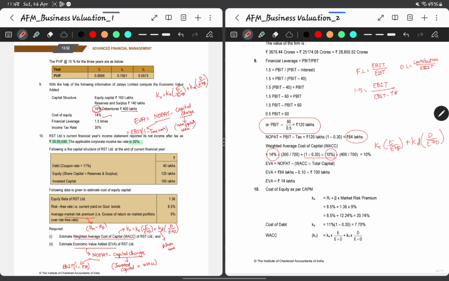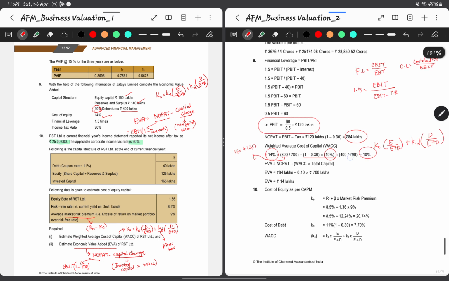So 10 percentage minus the tax rate 30 percentage will give us the after-tax cost, and E by E plus D is 300 divided by 700. 300 is 160 plus 140, so this is nothing but the equity portion. Reserves also belong to equity shareholders, and 700 is nothing but the total of 160 plus 140 plus 400, and here 400 by 700 is the weight of debt. Which will ultimately give us the weighted average cost of capital of 10 percentage.